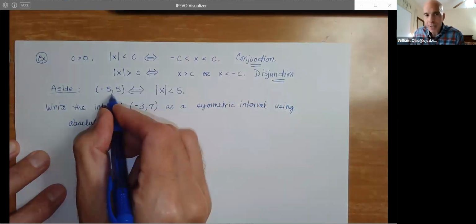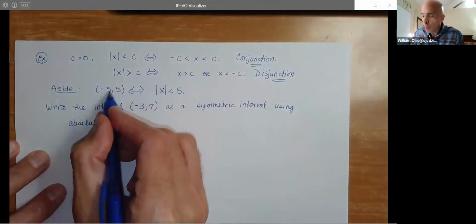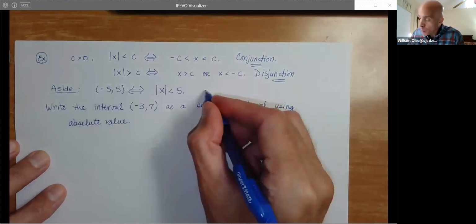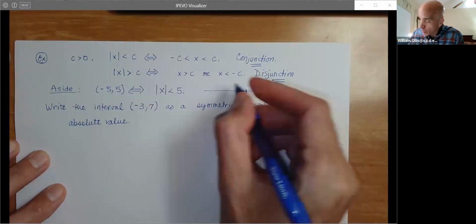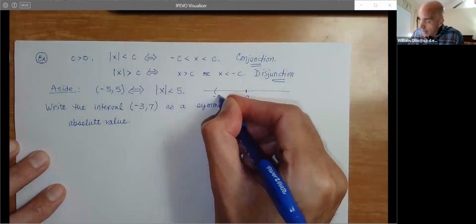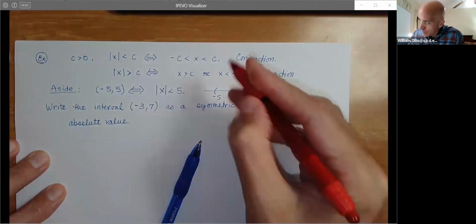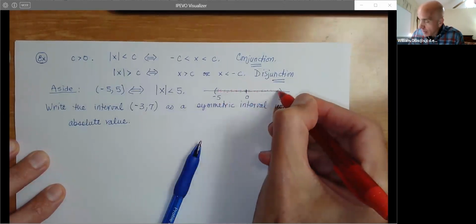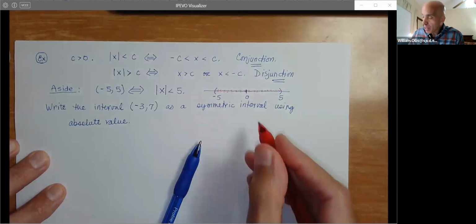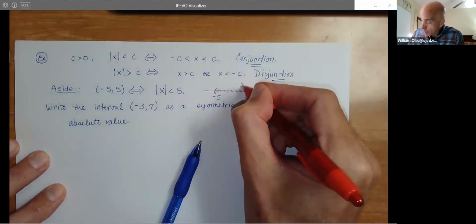So that's the shorthand way of writing that. So if you have the interval from -5 to 5, you really have a symmetric interval about 0. So you have the 0 here, you have the -5, and you have the 5. And so you have what we call the symmetric interval about 0. And you see that 0 is the midpoint. So we say midpoint.